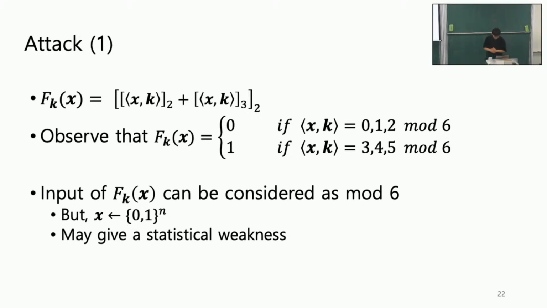So we can regard the input space of fk of x as the vector space in modulo 6. However, the actual input space is a binary space, so we hope that it gives a statistical weakness.